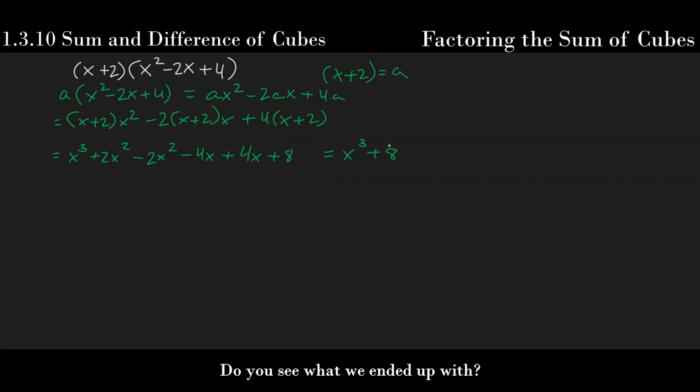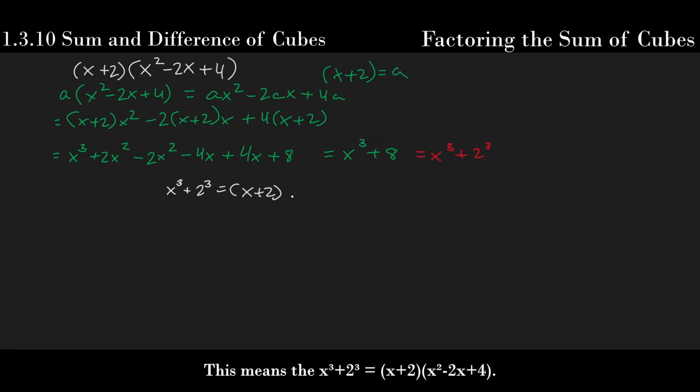Do you see what we ended up with? Our answer is a sum of cubes. You can see it better if we rewrite it as x cubed plus 2 cubed. This means that x cubed plus 2 cubed equals x plus 2 times x squared minus 2x plus 4.